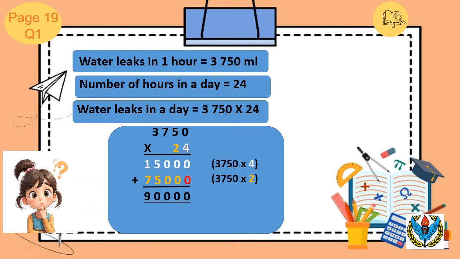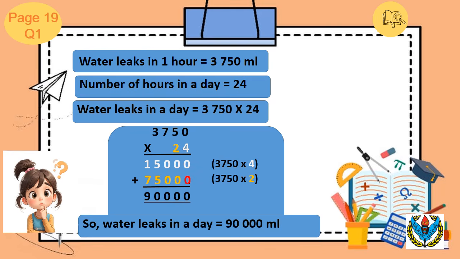Now add these two answers, you will get the real answer, that is 90,000, and you can write your answer statement in the last. Water leaks in a day is equals to 90,000 ml. You must write the unit in your answer.